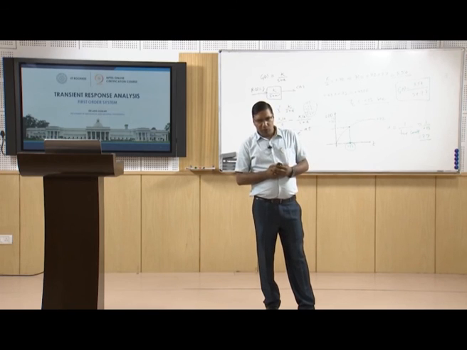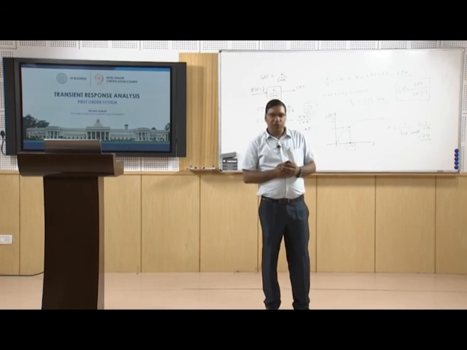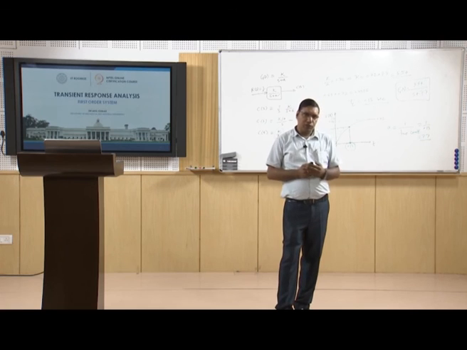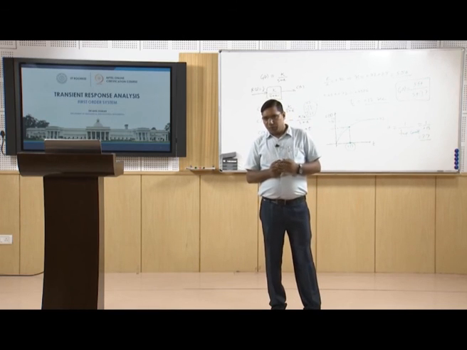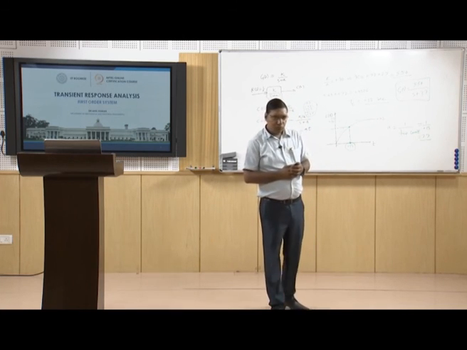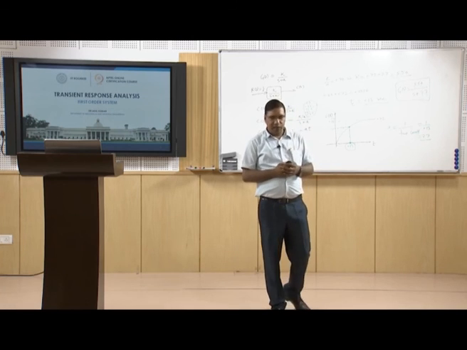Now come to the response. So we see that the first order systems don't have any overshoot, and their response is exponentially growing or exponentially decaying, as the case may be.